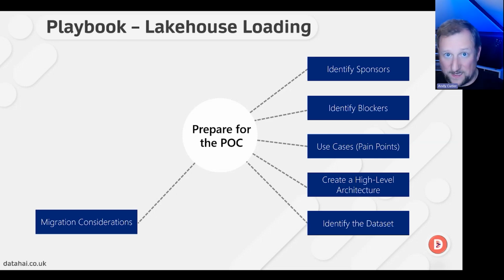If it's greenfield, perhaps you don't need those migration considerations. As a point on that, Microsoft have valiantly attempted to provide migration tools, but they haven't really worked out in terms of the data side of things. I think there was a project called Synapse Lighthouse. It didn't really work, to be quite honest with you.